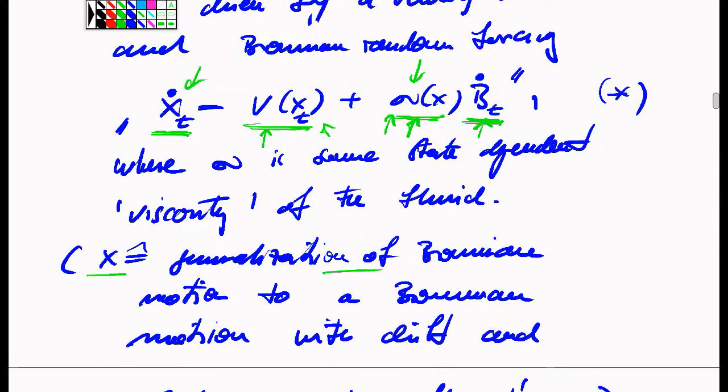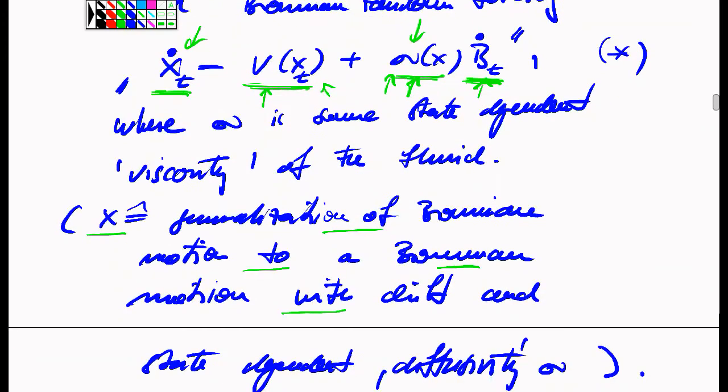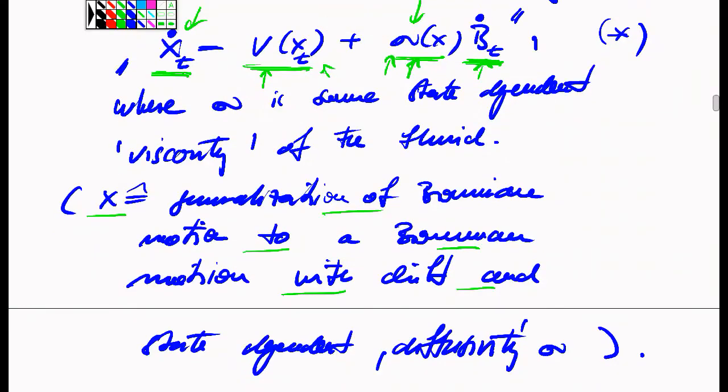This model of a dynamics for a particle would be a generalization of Brownian motion to the case of a Brownian motion which is inside a certain velocity field. So it would be a Brownian motion in a swimming pool where the swimming pool has a certain velocity field as in a driving signal.